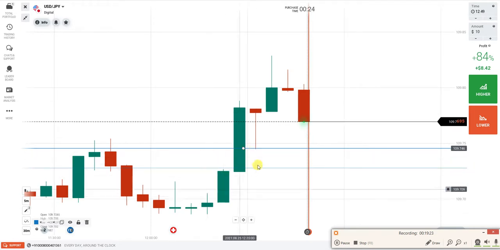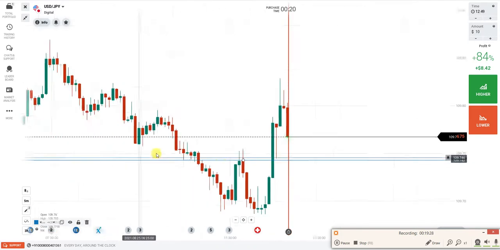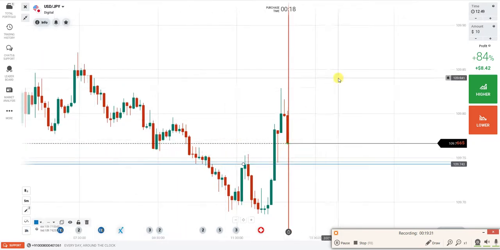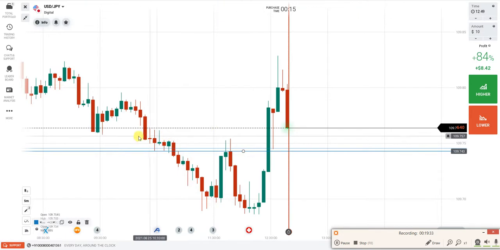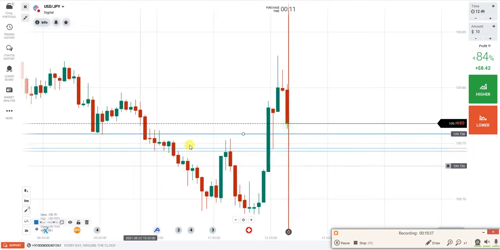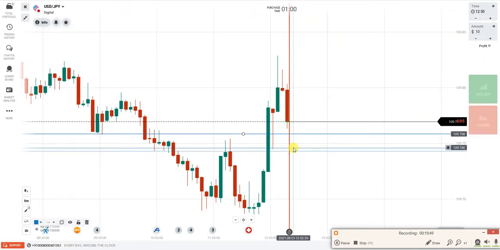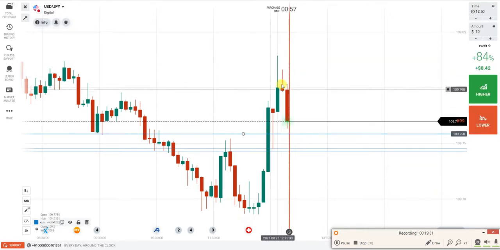And here is the next buyer's entry, and also a reversal point here, and as well there is another level over here. So the market may continue another bearish candle until here, or maybe here, because there is huge selling pressure from this candle and this candle as well.